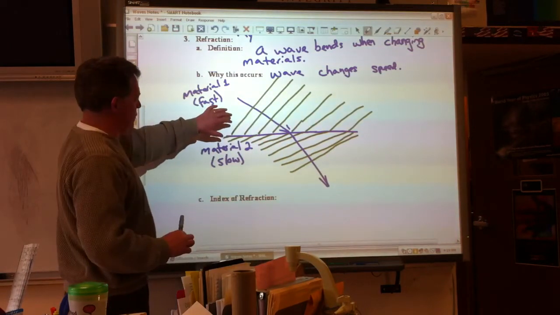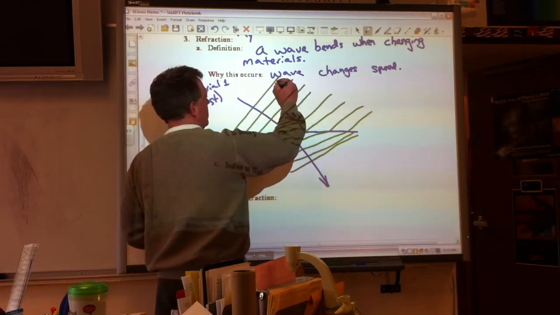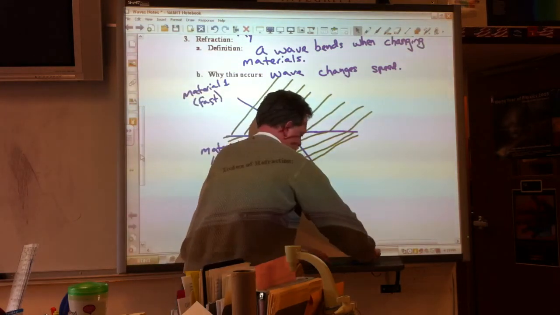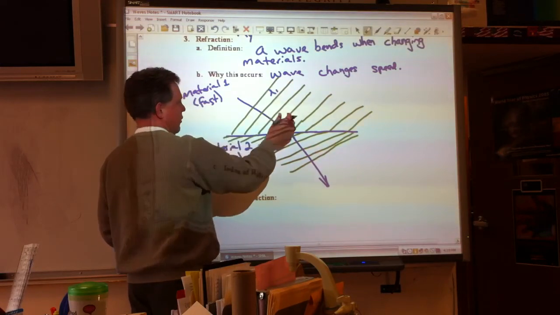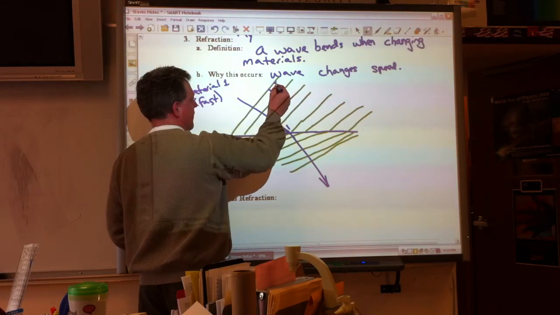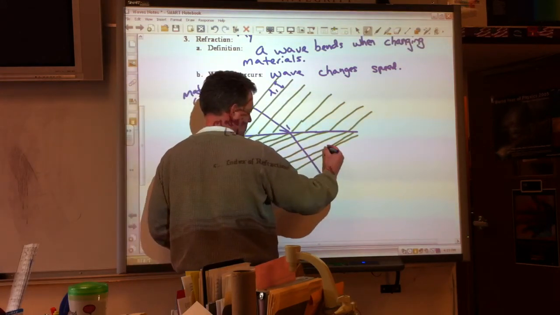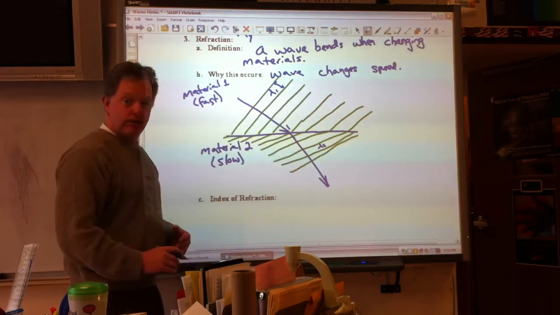Now, we mentioned before that these are crests, so the wavelength is the distance between the crests. So I'm going to label this wavelength 1 for material 1, and it's the same over here, the distance between these. And wavelength 2 on the other side is going to be between any two crests, and the wavelength got smaller.